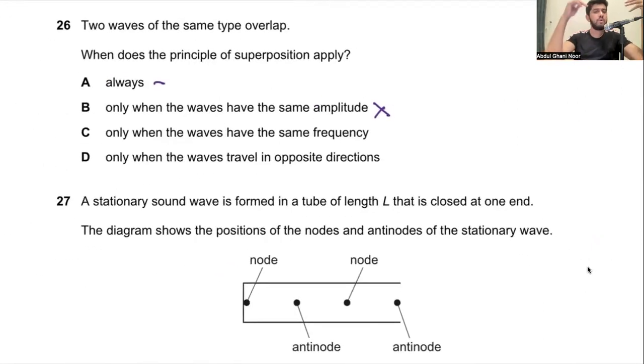No, even if they don't have the same frequency, if they're meeting, you'll still have some resultant wave, and that is what superposition is. Only when the waves travel in opposite direction. No, so always. Even if they're traveling at some angle to each other, the points where they meet, you'll still get superposition. That is exactly what happens in a double slit experiment and in a diffraction grating.